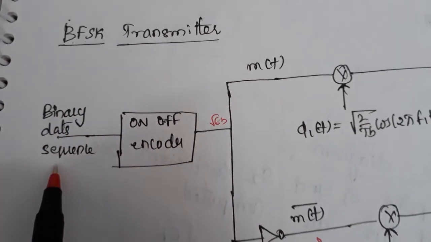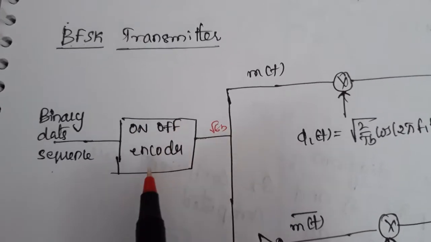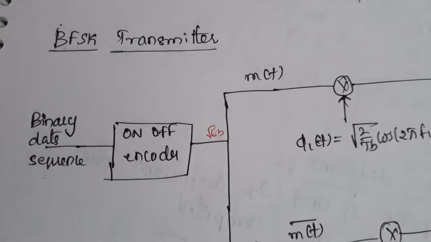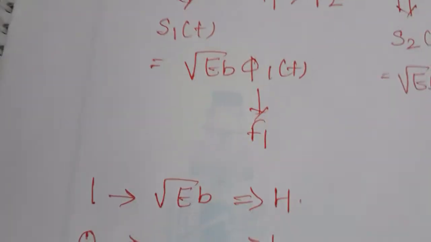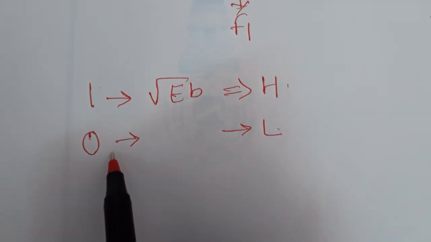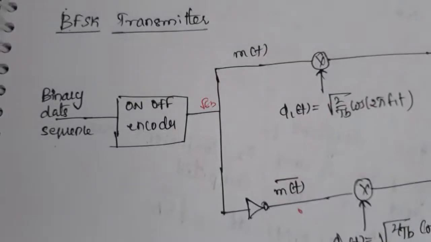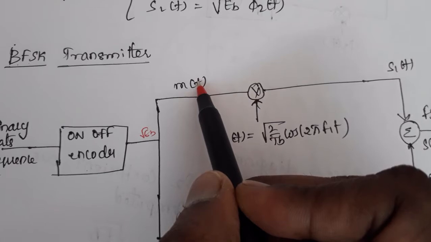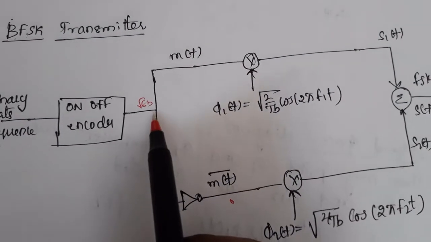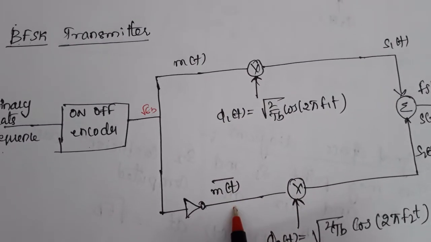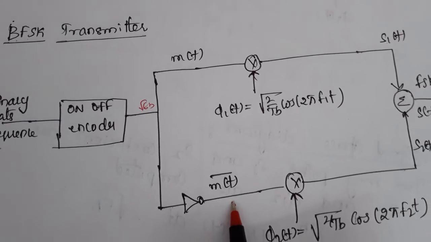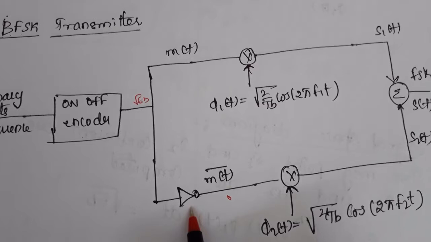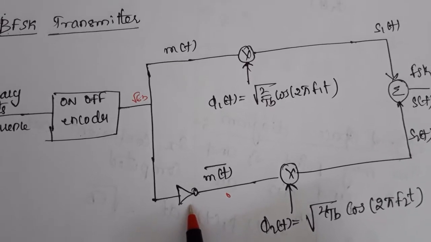Binary data sequence, on off encoder. So on off encoder means the data can be 1 or the data can be 0. Now can you observe, M of t goes here, and the next part M of t comes here and it is inverted. So I am going to talk about the inverter, then I will talk about the entire block diagram.